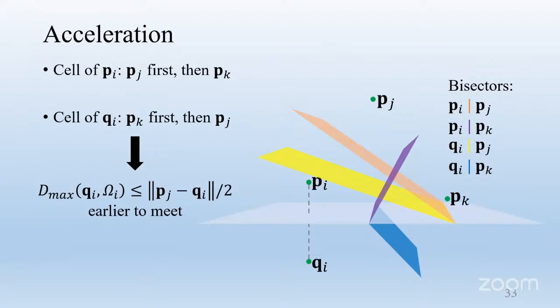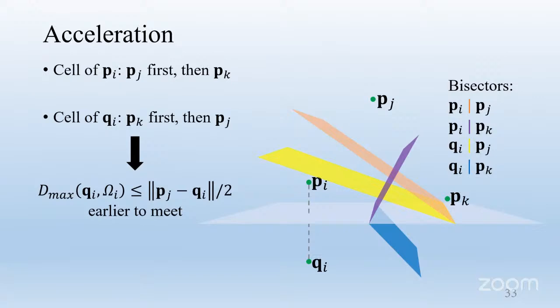So if we compute the cell of Pi, the brown bisector of points Pi Pj is first used. Then the purple bisector of points Pi Pk is used. We can see that by this order, the first clipping is meaningless because the second clipping cuts off the result of the first clipping.